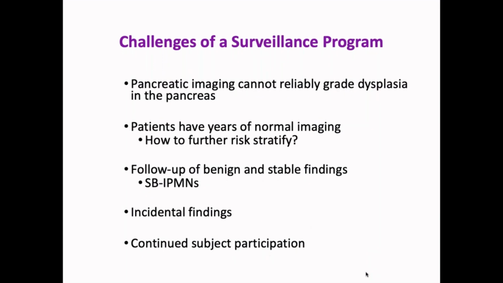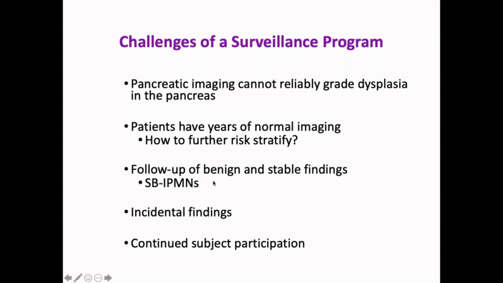So the challenges of a surveillance program, and we could use help and new tests to help guide us, or improvements on what we're already doing, is that pancreatic imaging cannot reliably grade dysplasia in the pancreas. Patients have years of normal testing. So how do we further stratify individuals, germline mutation carriers, who might be of lowest risk in these high-risk individuals? And is there something else that we can offer them with respect to screening?